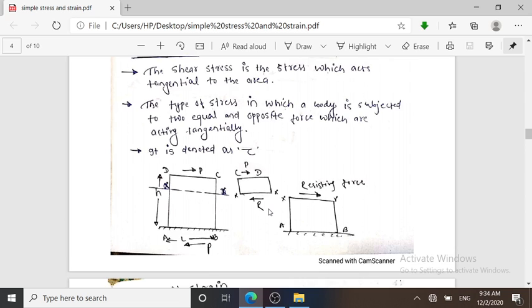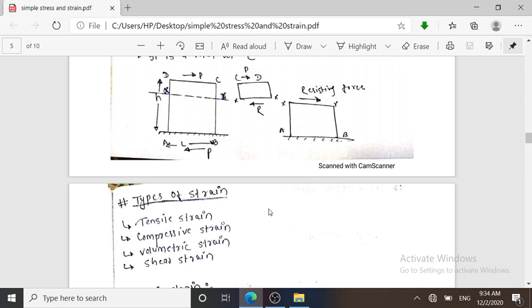So let us imagine, कीजिए कि आपके पास एक ABCD rectangle section है, and the end AB is fixed to the surface while CD is free. So imagine कीजिए एक बॉक्स है, AB फिक्स्ड है.